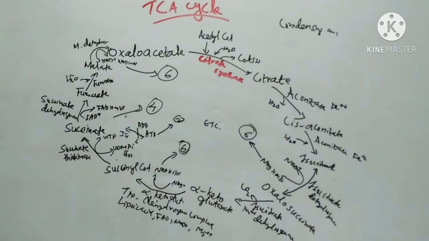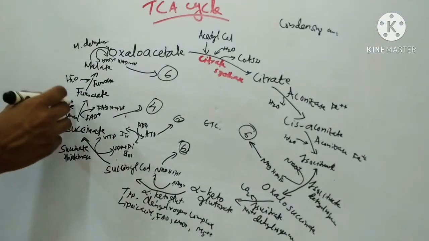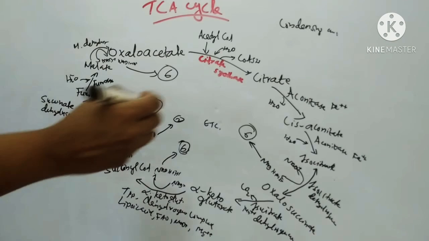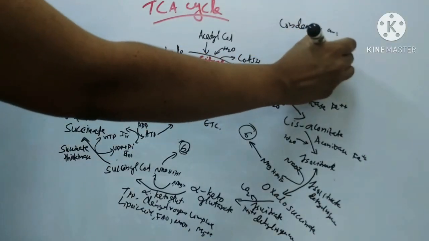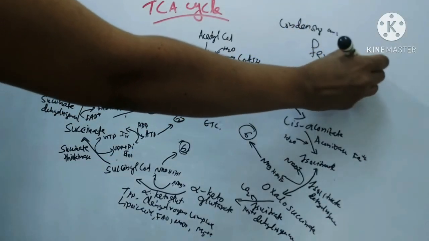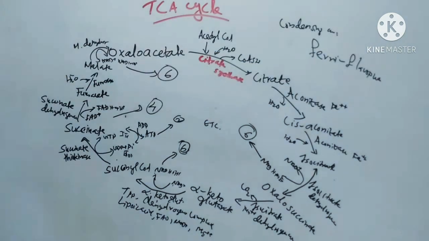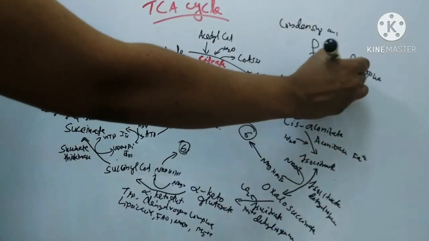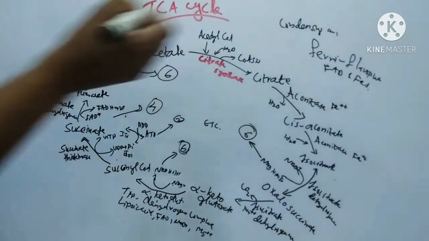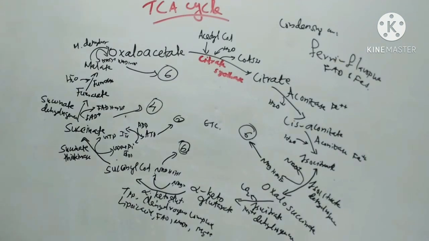This succinate dehydrogenase enzyme is a ferriflavoprotein. It contains FAD and iron sulfur, 4 atoms of non-heme iron and 1 FAD per molecule of enzyme.